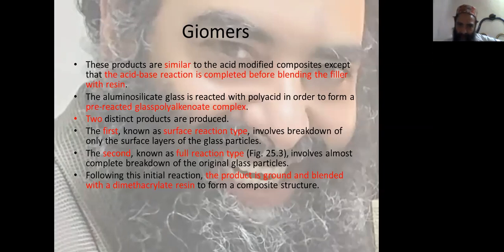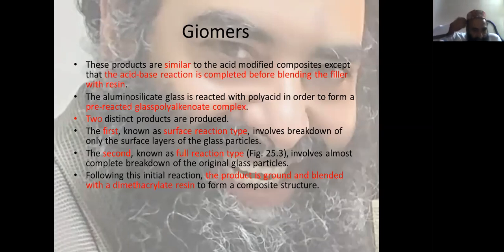As we reacted the product before blending, the first is known as surface reaction type. It involves the breakdown of only the surface layer of the glass particles.